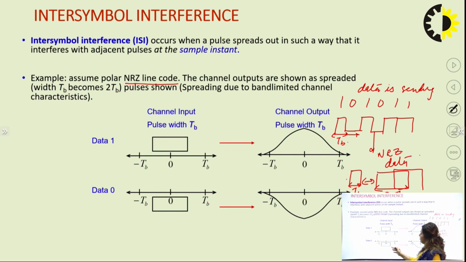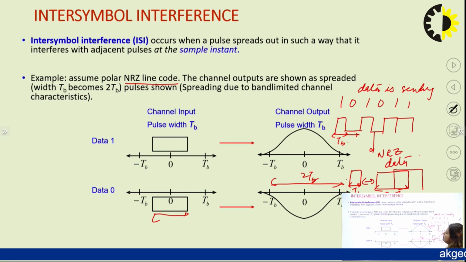Similarly, for data 0, if it is a negative pulse, it is initially TB, but after passing through the channel it gets spread and now has a spread of 2 TB. So the data pattern 101011 in continuous form will overlap within itself. The data pulses overlap, and this creates the problem called intersymbol interference.